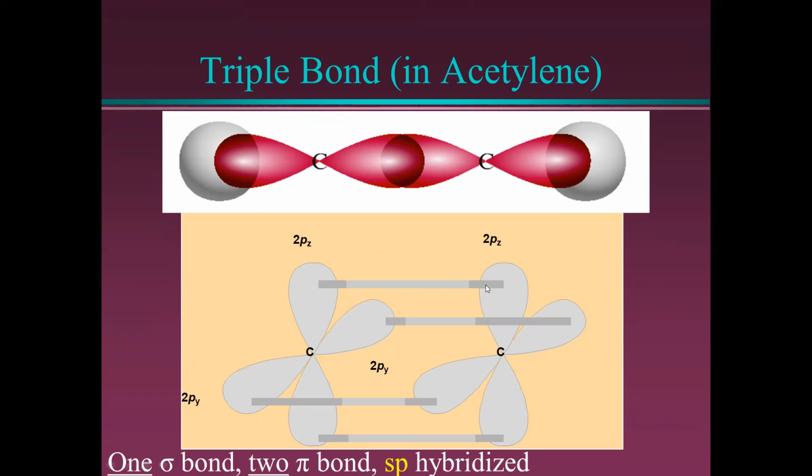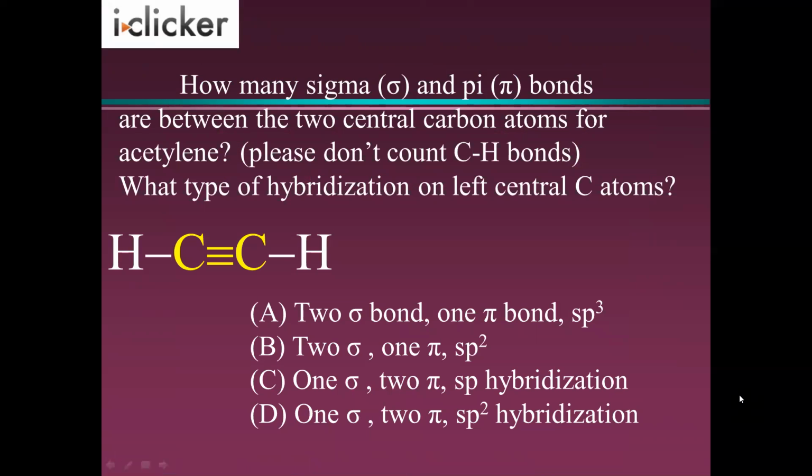So they will form two sets of pi bonds. For example, this py and py form one pi bond, and pz also forms a pi bond. This is why you get two pi bonds, and you have one sigma bond that is formed by the hybridized orbitals.